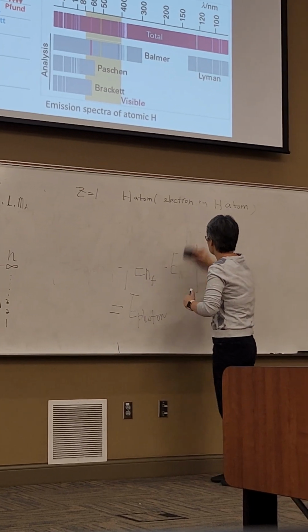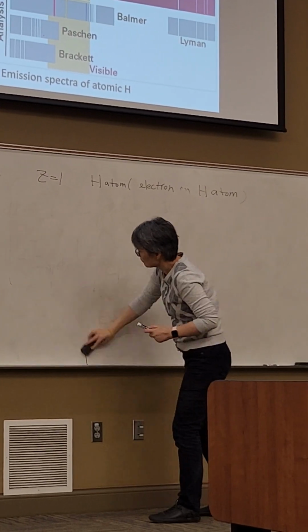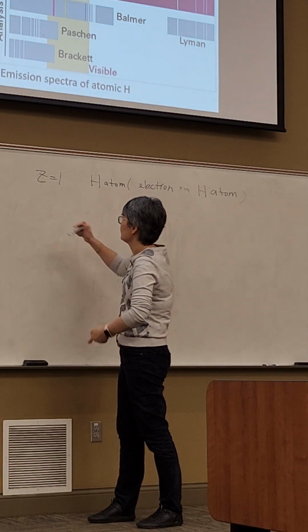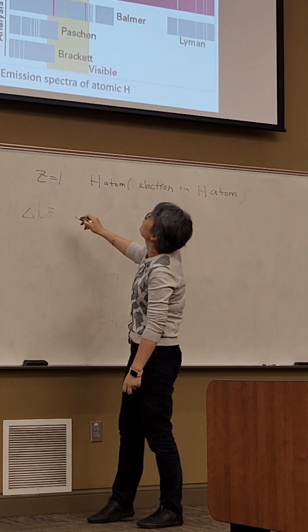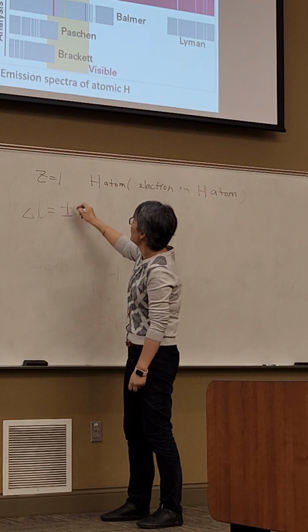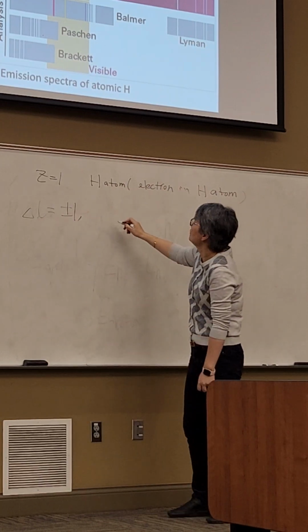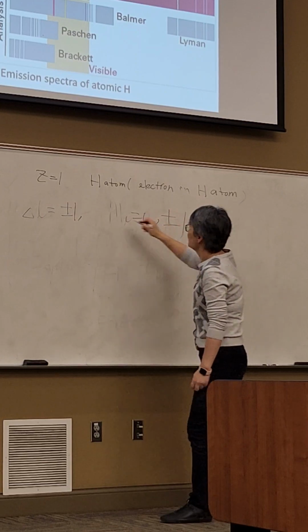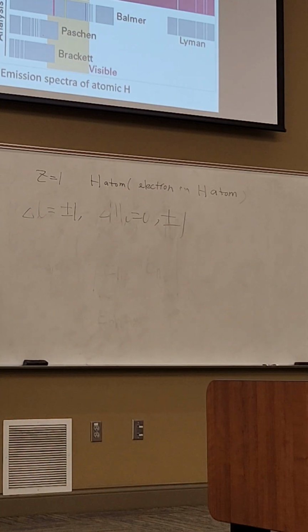I'll tell you. Delta l equals plus or minus 1, and then for m sub l, delta m sub l equals 0 or plus or minus 1.